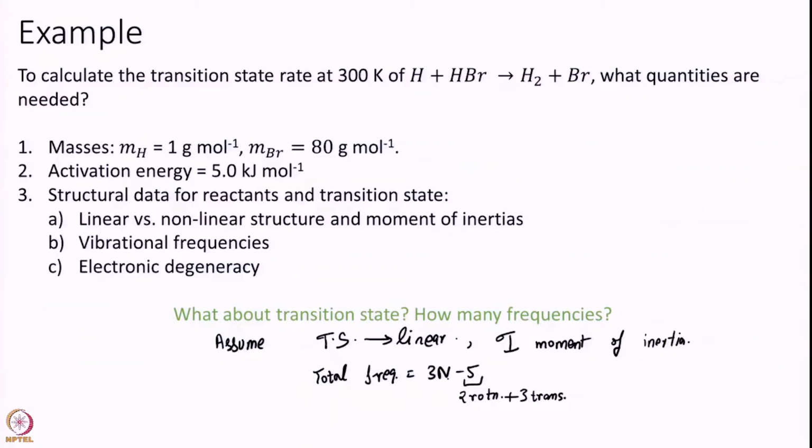So, I have 3n minus 5, where n is 3 atoms. So, I get 4 frequencies. However, one frequency is imaginary at the transition state, and that we do not include in our calculation. So, the required frequencies for the transition state is always 1 less.